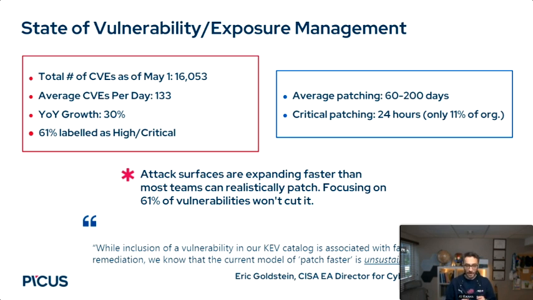You have a spreadsheet with a bunch of vulnerabilities, you keep assigning people, and you keep adding more vulnerabilities to them, 200 a day. And only 11% of organizations can actually patch critical vulnerabilities within 24 hours. That requires a lot of maturity and a lot of agility within the organization.